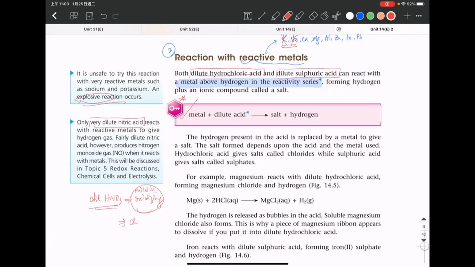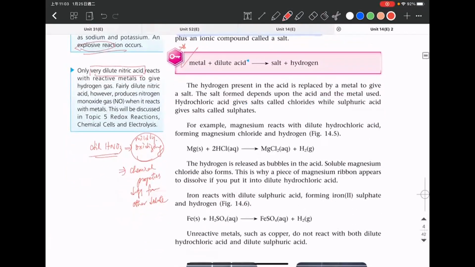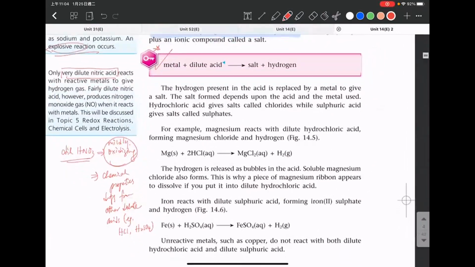Its chemical property is quite different from other dilute acids like HCl and H2SO4. So we must be careful when using the terms dilute and very dilute, because the chemistry is a little bit different. Now, go back and take a look at HCl and H2SO4.